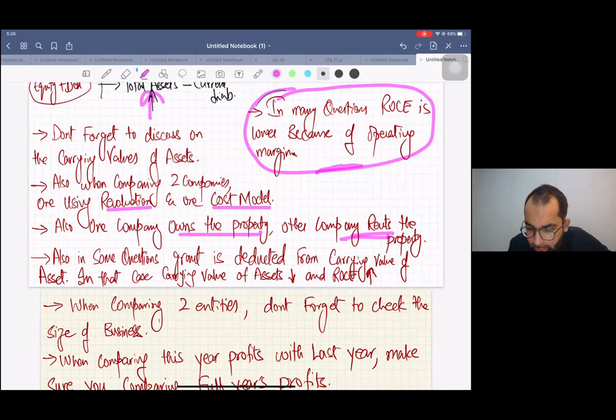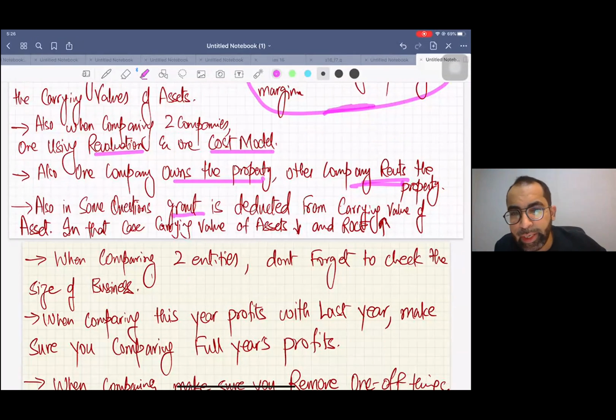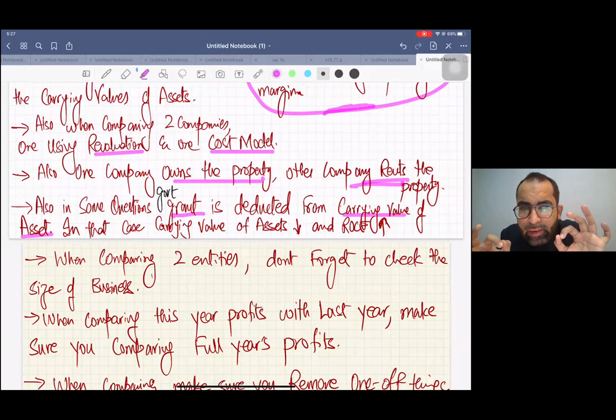In some questions, IAS 20 government grant is deducted from the carrying value of the asset. I hope you have all studied IAS 20 government grant. There are two types: grant related to assets and grant related to income. We are right now discussing this.